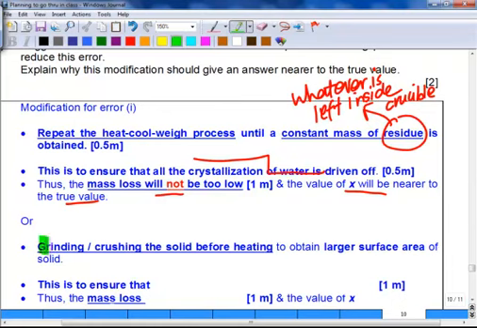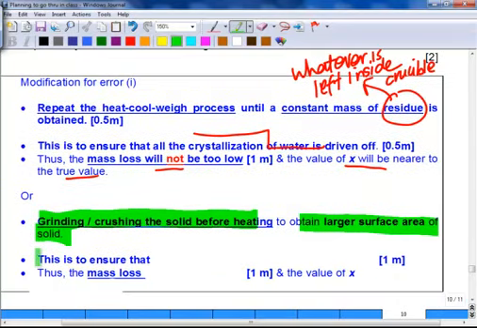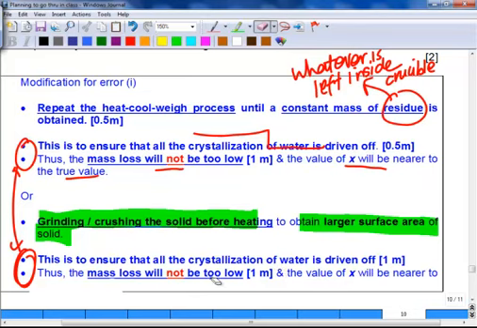Okay, grind the solid to obtain a larger surface area. If you want to copy, the last two parts are actually the same, so don't need to copy two times. Is it okay? Can I move on?